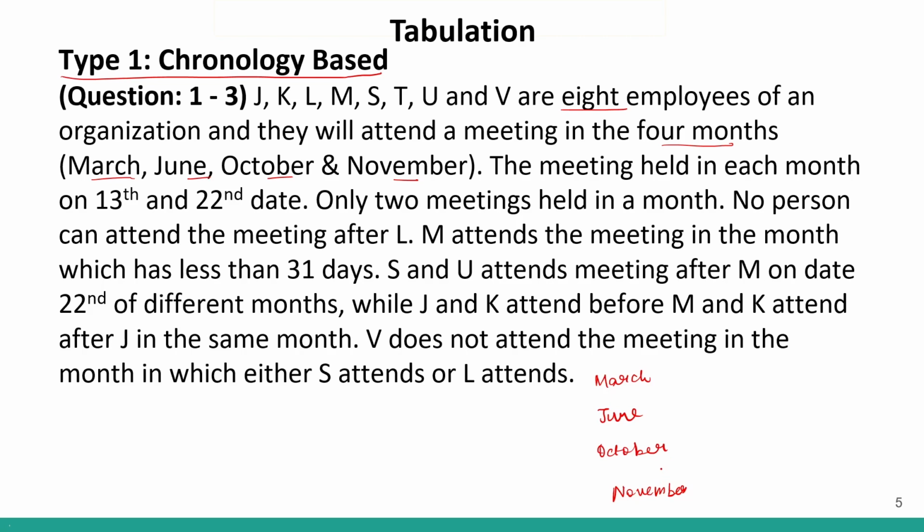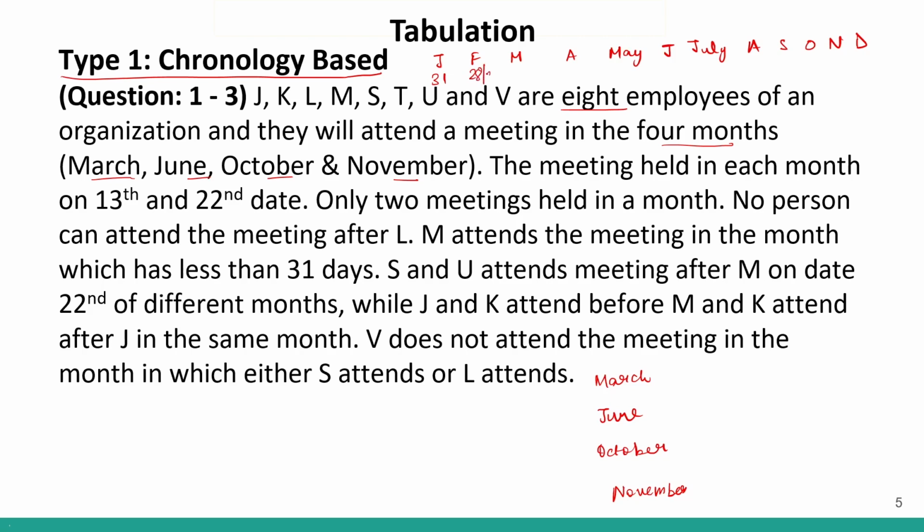If you remember the months: January, February, March, April, May, June, July, August, September, October, November, December. How many days are there? January we have 31 days.